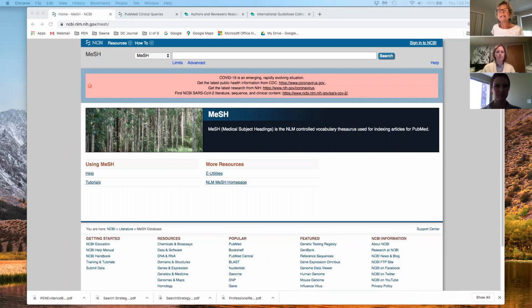All right, are you seeing my slide on the PubMed slide? So in PubMed, we're looking at this link directly to the MeSH database. You start to enter some of these terms to see if in fact they are termed the way that information is indexed in PubMed.